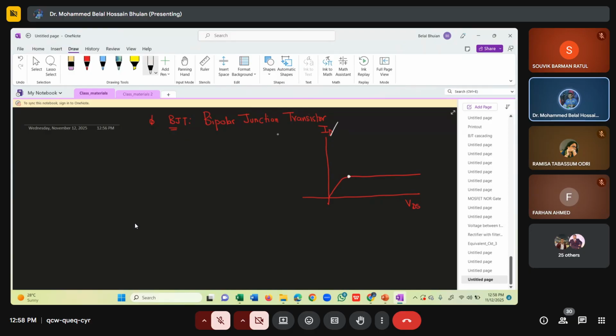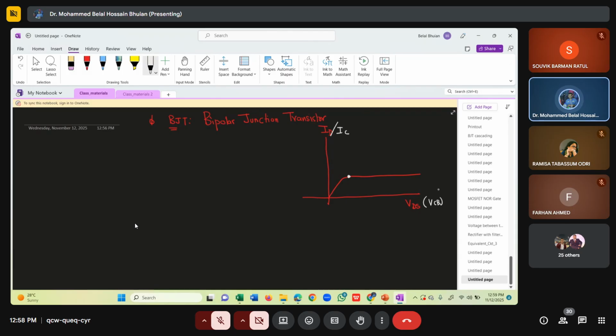You're going to find exactly the same characteristics in a BJT. Let's say we call the current IC, the collector current, and we call the voltage VCB. We're going to find that later. As you change the voltage, initially the current is increasing and then the current remains constant.